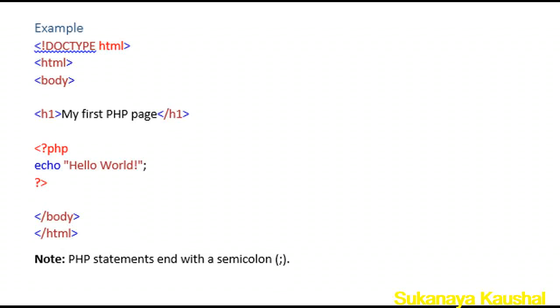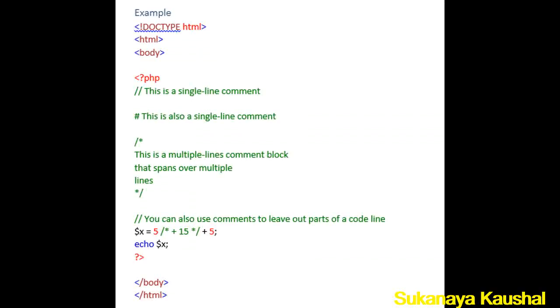We use echo for printing, to print Hello World in PHP, with a semicolon at the end and a question mark, and the angle bracket closes PHP. After closing PHP we close the body tag and html. The output is my first PHP page.